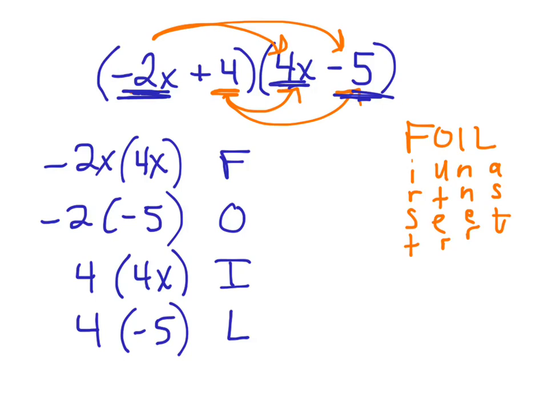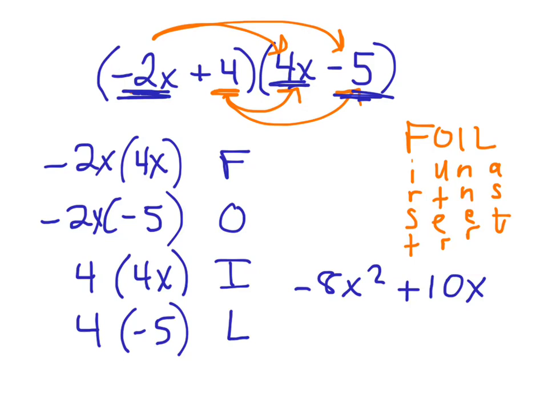Whatever way you choose to do this, either FOIL or the distributive property, I would go ahead and multiply those now. First, that's going to give me negative 8x squared. Outers, I think I'm missing an x there. That's a negative 2x times negative 5, so that would be positive 10x.